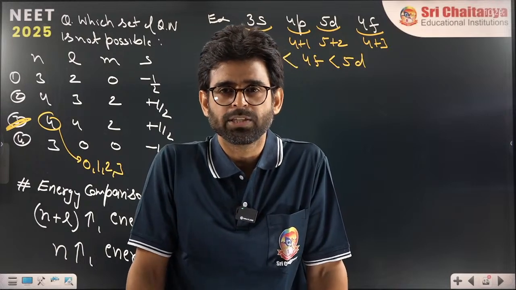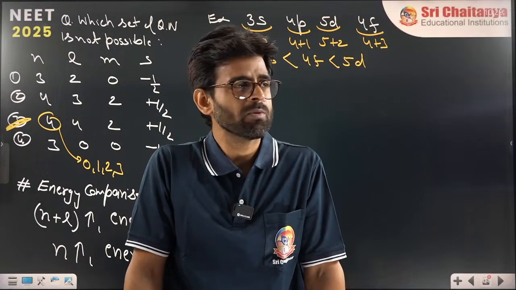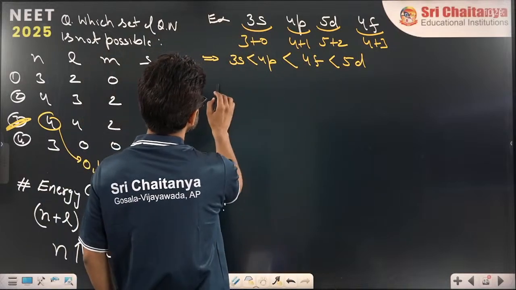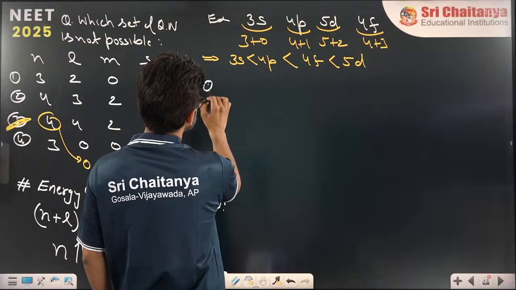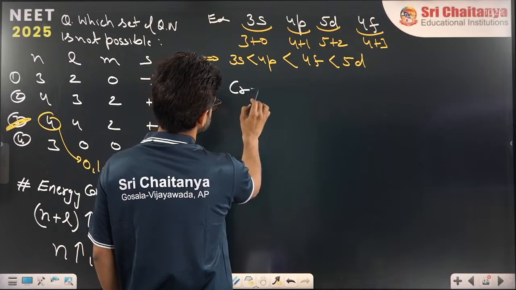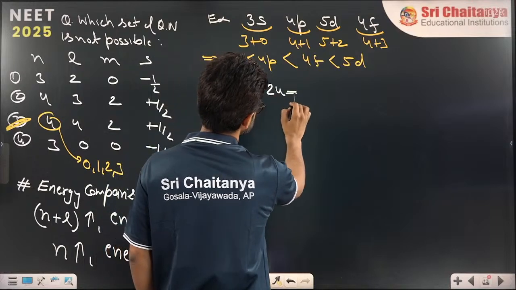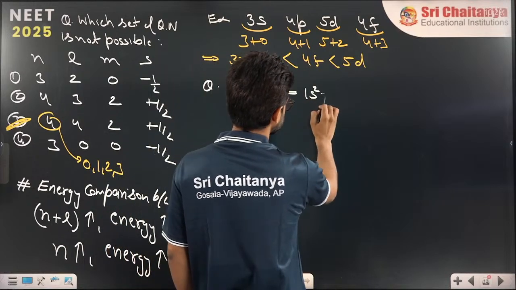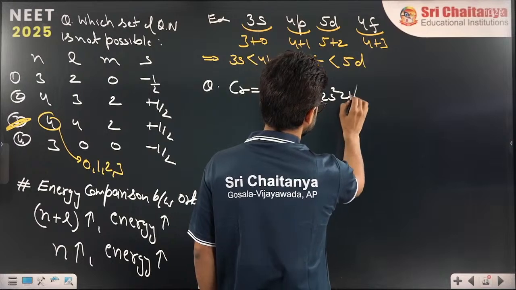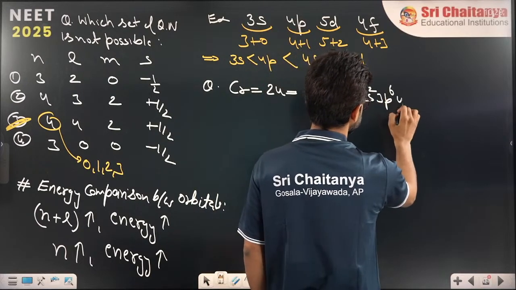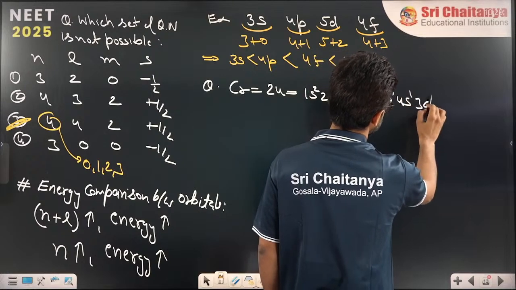in opposite orientation. Okay, one small question I want to ask you: chromium. I am asking the chromium configuration. Chromium has atomic number 24, so it is 1s2, 2s2, 2p6, 3s2, 3p6, 4s1, 3d5.